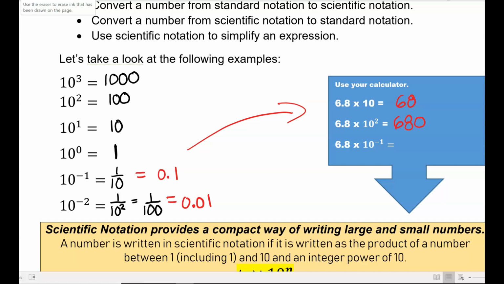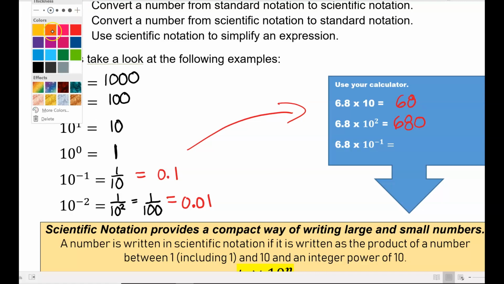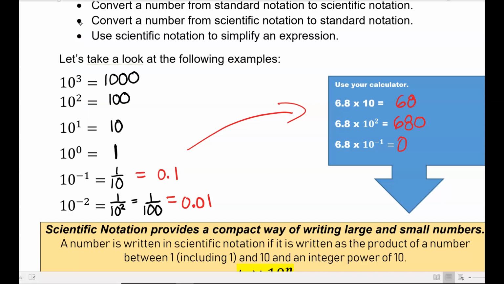But here, 6.8 times 10 to the negative 1, if you put that in your calculator, you would get 0.68. So notice we have to change directions and move the decimal one place to the left, not to the right that time.